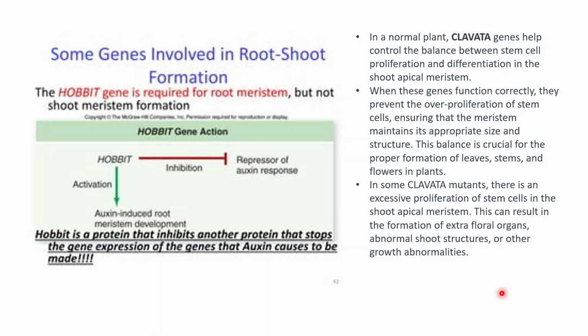But the single shoot apical meristem at the apex of the plant, at a given time, produces a fixed number of structures, let's say 2 leaves or a certain number of flowers. So over-proliferation of the stem cells will lead to production of more organs from the single shoot apical meristem.